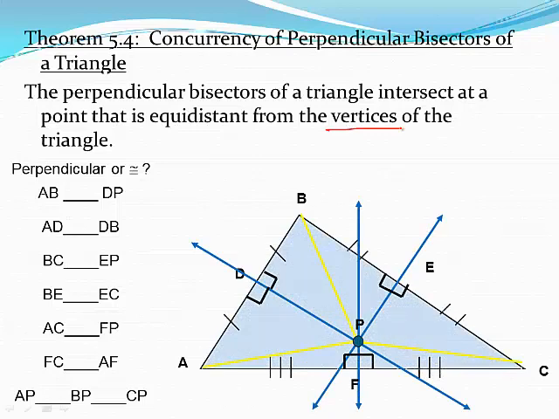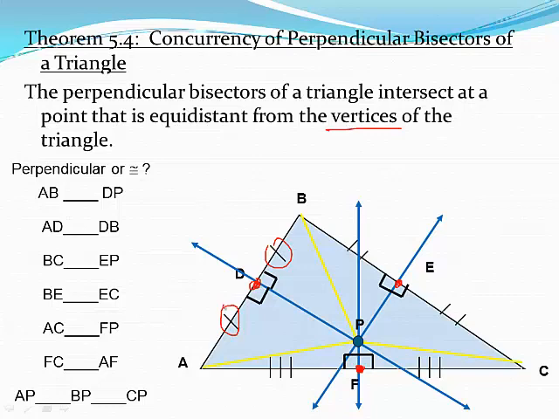And with all the labeling of it, I have all my perpendicular bisectors that are constructed. I have a perpendicular bisector here, and a perpendicular bisector here. And the reason I know that they bisect is because each one of the hash marks is labeled.